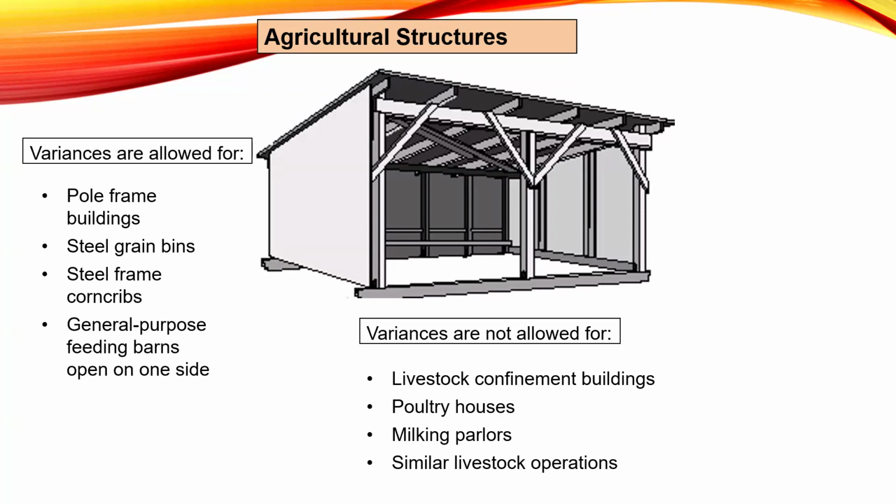So again, agricultural structures, the production, harvesting, storage, drying, or raising of agricultural commodities. So technically the community could grant a variance for something to do with livestock. It's just discouraged. We would rather see something like that elevated.